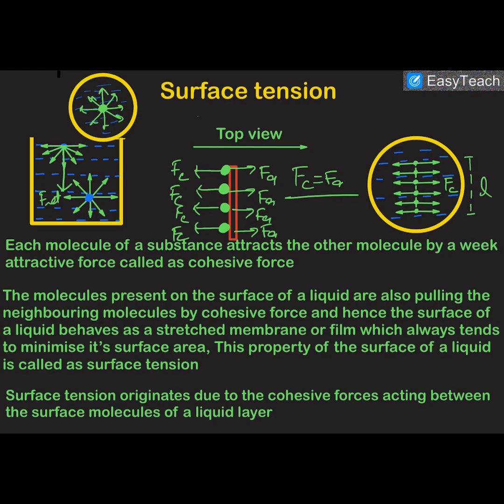So obviously a net force is always acting on this molecule in the downward direction, but it never goes down, because we'll be discussing this in detail. But first of all, let us note that cohesive force is the force acting between the molecules of the same material, and adhesive force is the force acting between the molecules of different materials.